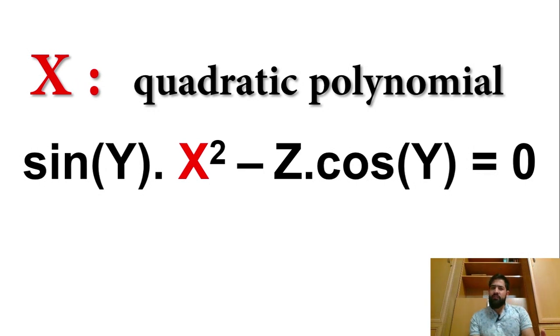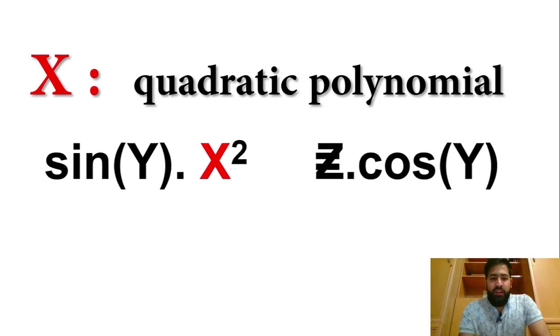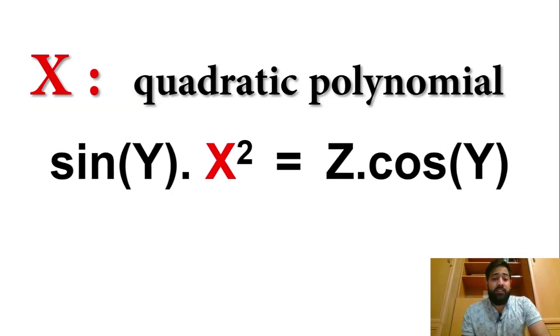So how do we solve this problem? It's very easy. We can put the minus z cosine y on the other side of the equation. We get sine y times x squared is equal to z cosine y.